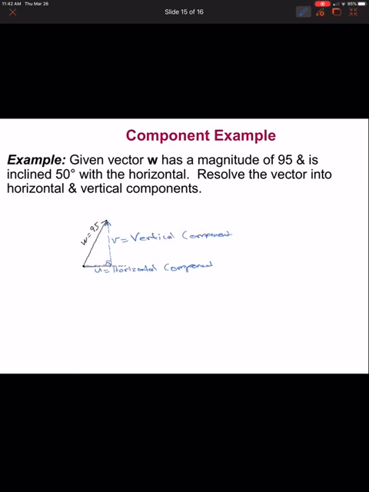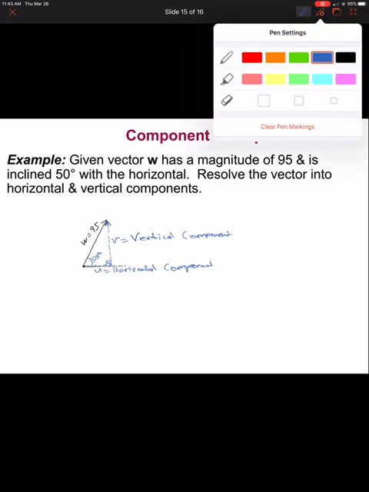With that said, we know the angle off the horizontal was 50 degrees. Let's go ahead and draw that in there. Now let's find these two components. Based on what we're given, we've got a right triangle. The angle of our vector w is 50 degrees off the horizontal component. Well, let's use our right triangle trig to find it.